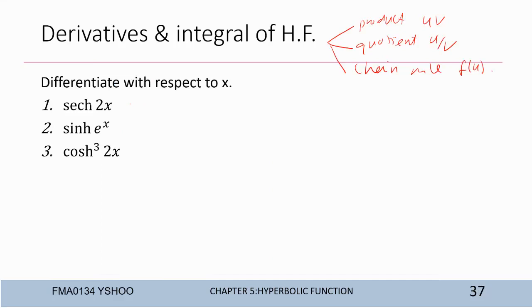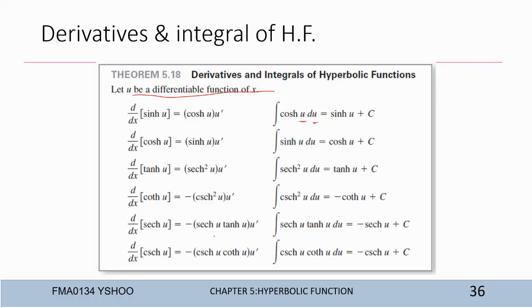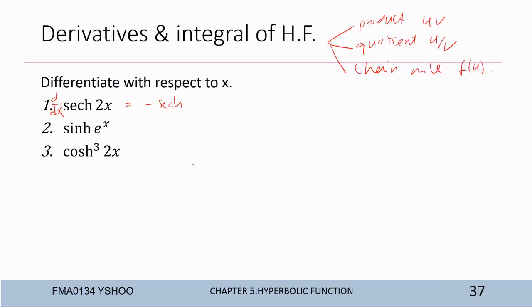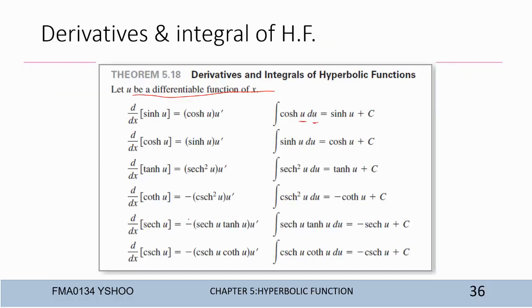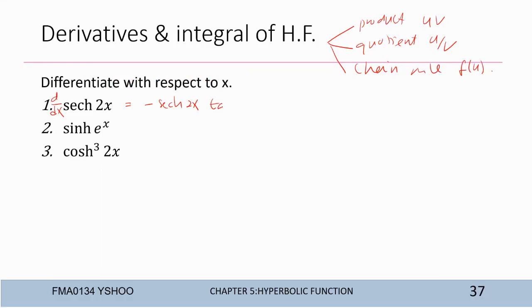Because this didn't put dy/dx, you need to put d/dx. So this one is negative sech u, where u is 2x, and then we have our tanh u. And don't forget the multiplication by the differentiation of 2x, which is 2, so I put the 2 in front.